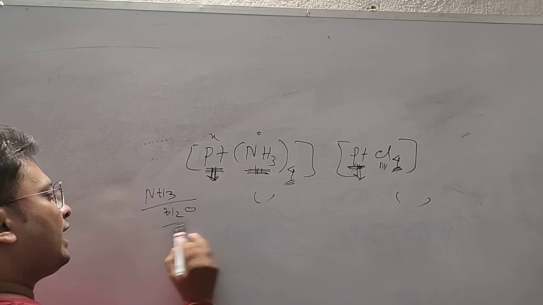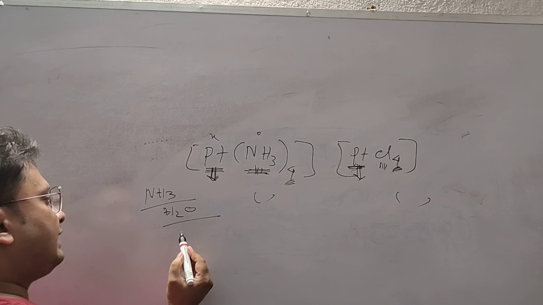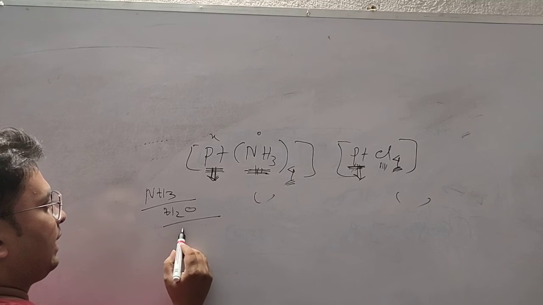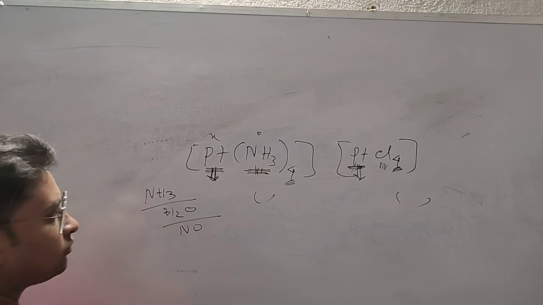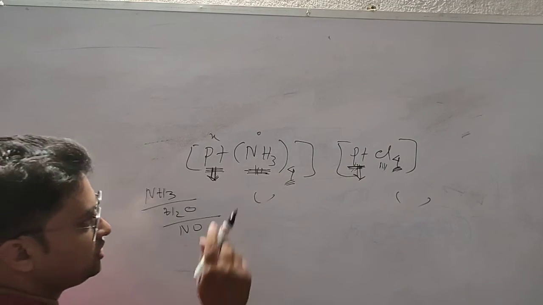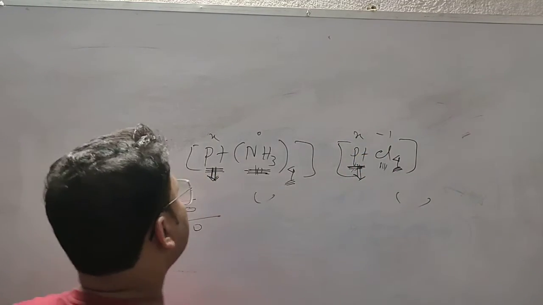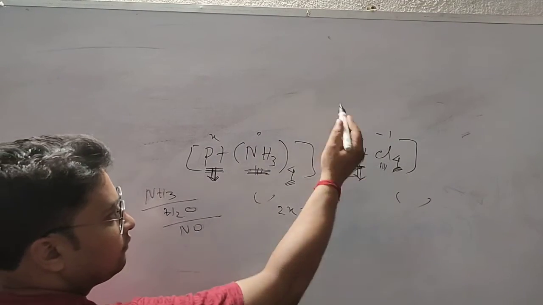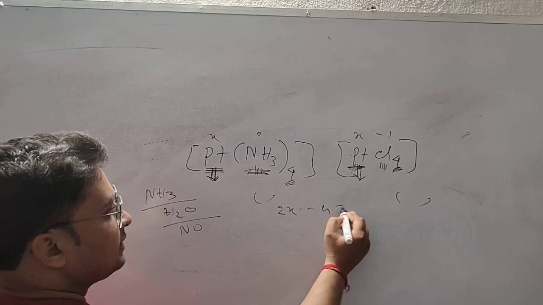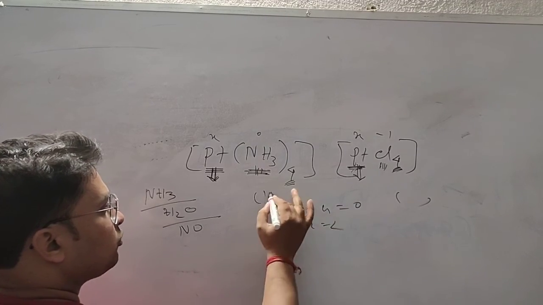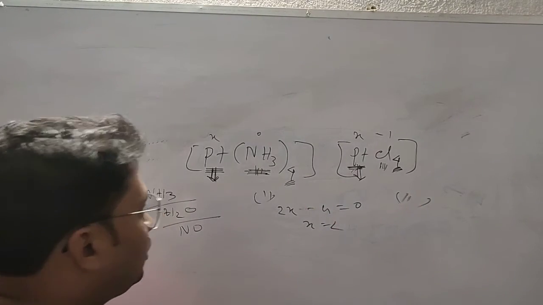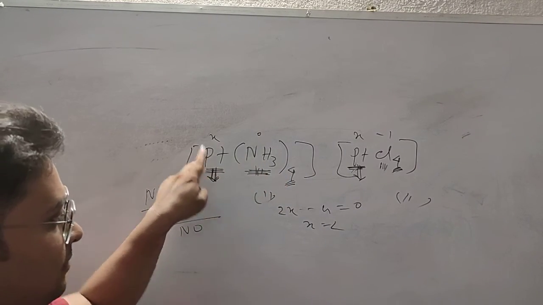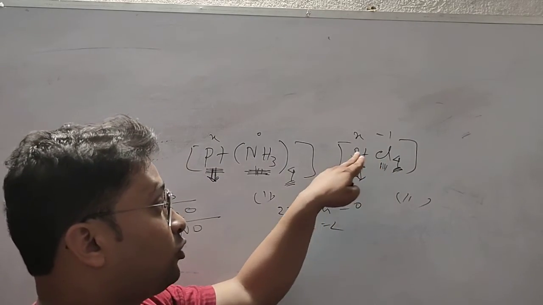NH3, H2O and NO are neutral ligands, so charge will be 0. Platinum X, chloride minus 1, so the total charge X plus 0 plus 4 times minus 1 equals 0. The value of X is 2, so I get 2. So the name is tetraammineplatinum(II) tetrachloridoplatinate(II).